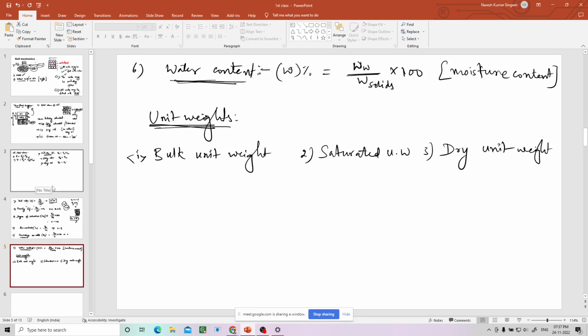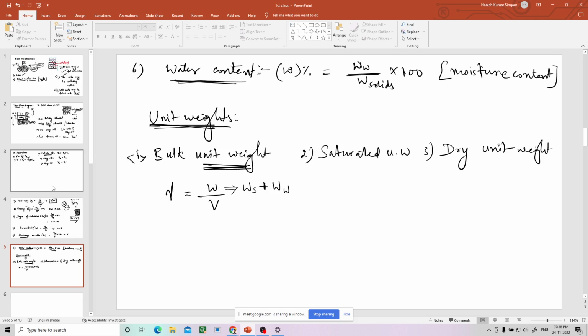So bulk unit weight means the unit weight. What is the definition of unit weight? Can somebody tell me? So unit weight, if you denote it by gamma, that is weight by total volume, right? So this weight contains weight of the solids plus weight of the water.